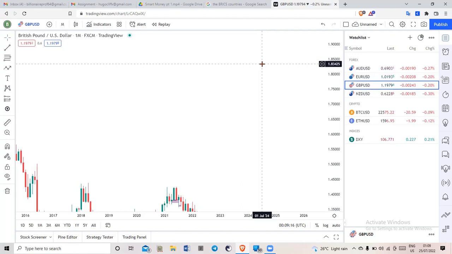When you are anticipating it, you say if price tests this area for the second time, I would call it my support or my resistance. And when price is testing this area for the second time, price will possibly hold here.